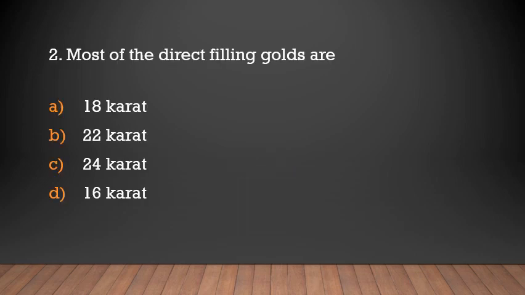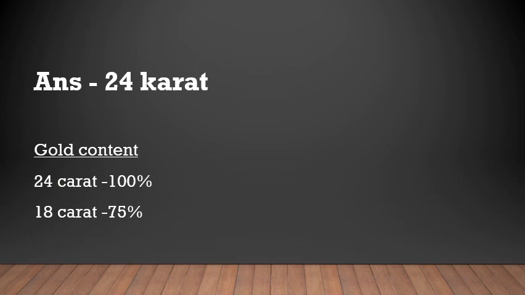Most of the direct filling golds are 18 carat, 22 carat, 24 carat, 16 carat. 24 carat. Gold content of 24 carat gold is 100% and the 18 carat gold contains 75% of gold.